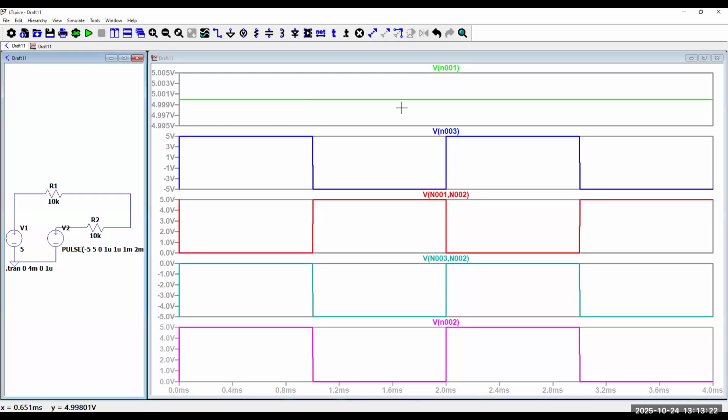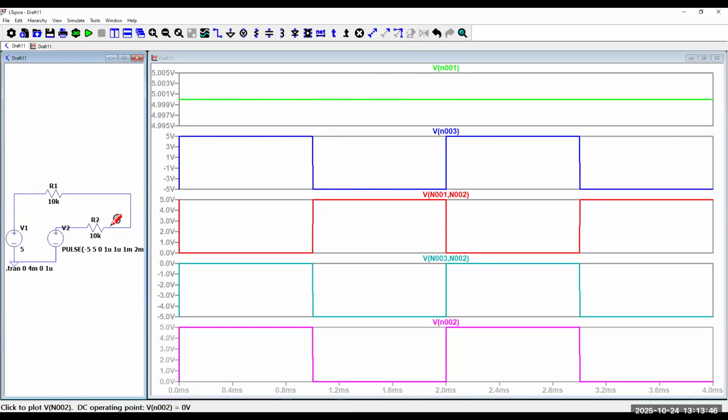The V in waveform in green shows the flat DC voltage at 5 volts. The one in dark blue, node 003, is the voltage of V2. It goes from -5 to +5.